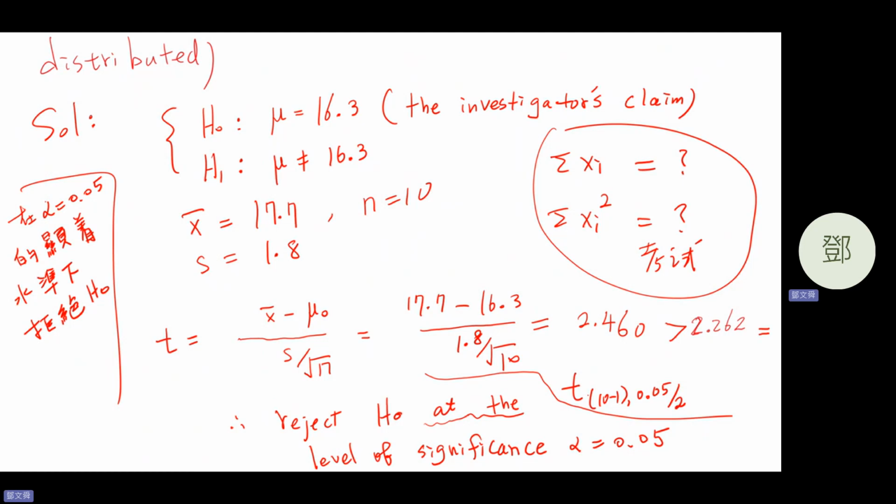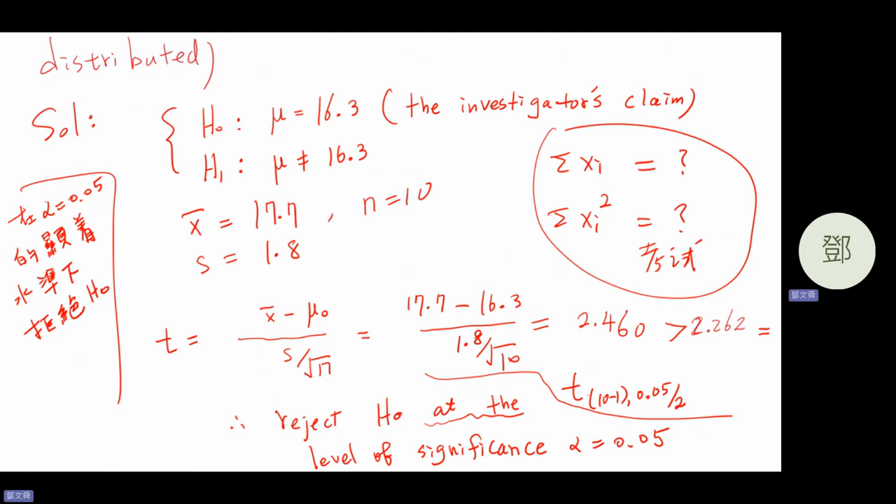So is this a one-tail test or two-tail? Two-tail test. It comes with no direction in the alternative hypothesis, so that's a two-tail test. In the final exam, I will give you this and also this, and then you have to obtain this and this.